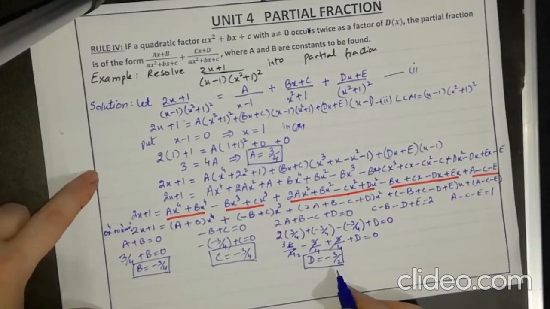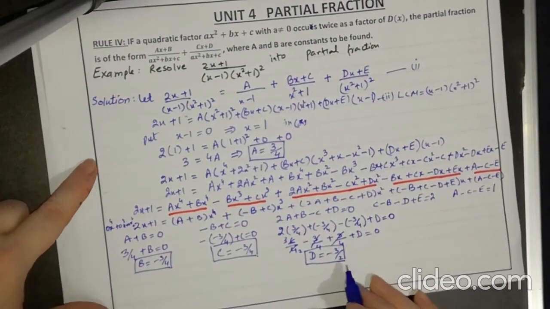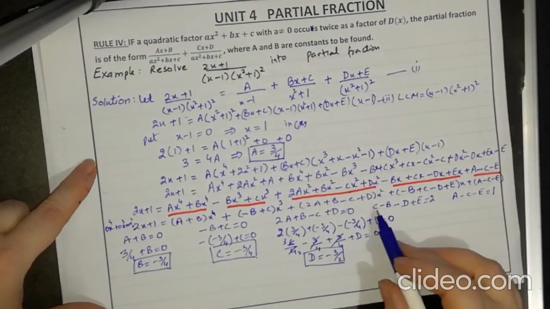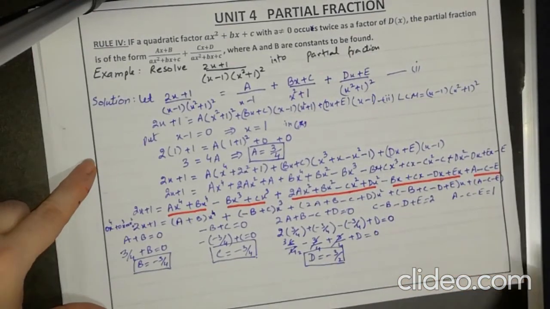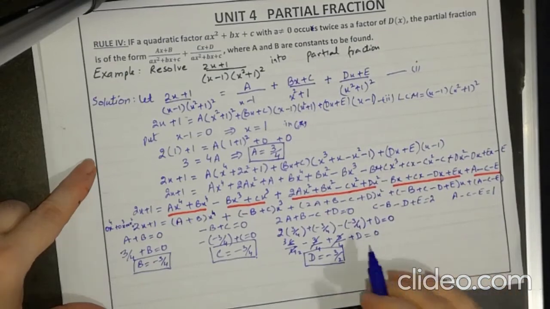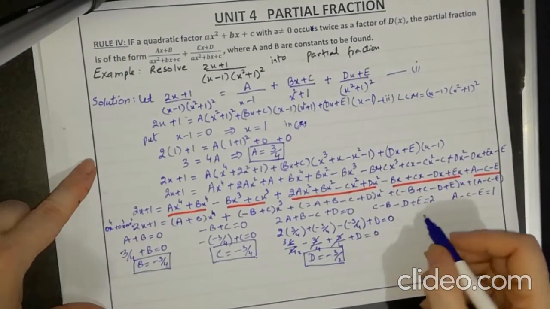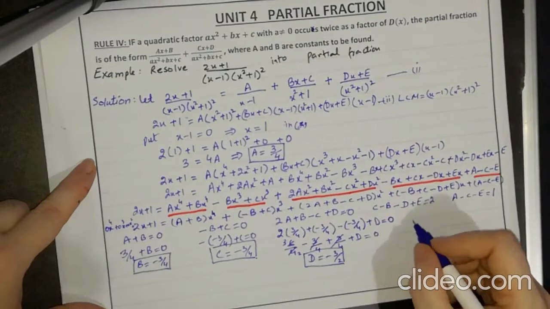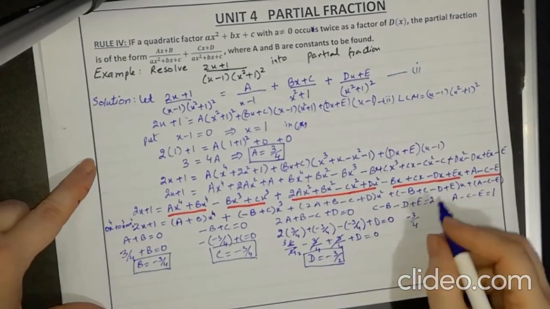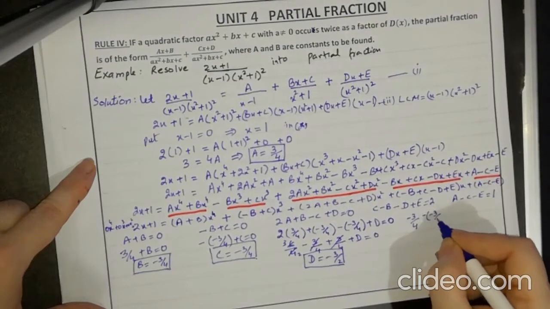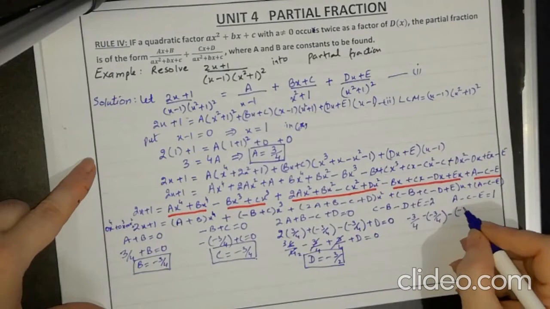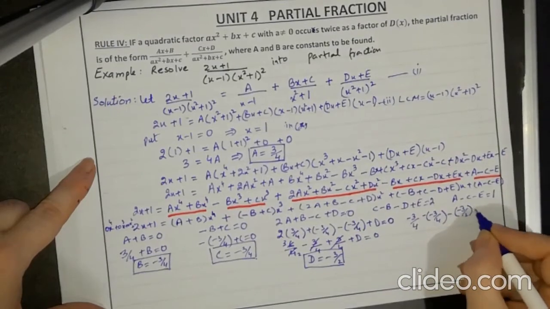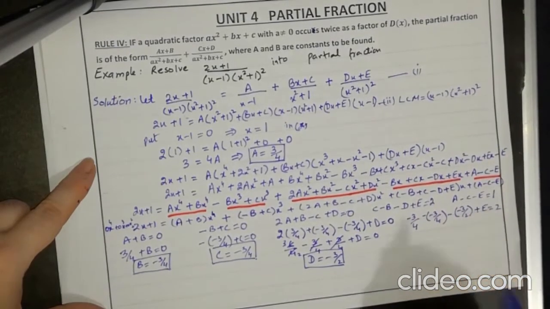Now we will find e. For e, let's put the values of c, b, d in this equation. What is the value of c? Minus 3 by 4. What is the value of b? Minus into minus 3 by 4. Minus, what is the value of d? Minus 3 by 2, plus e is equal to 2.